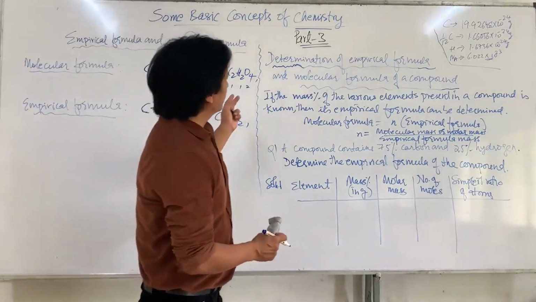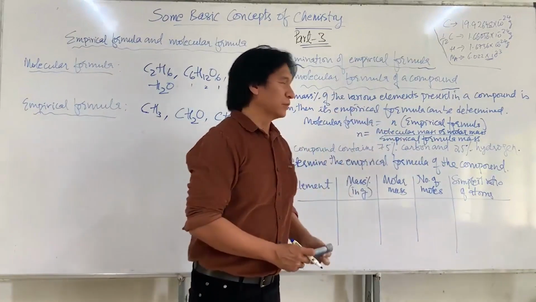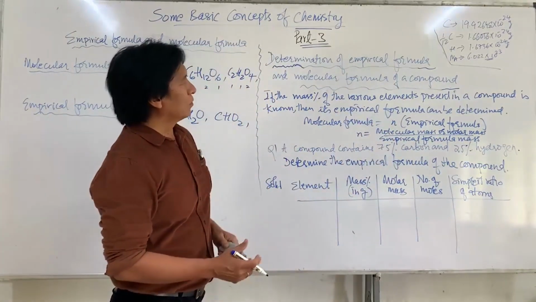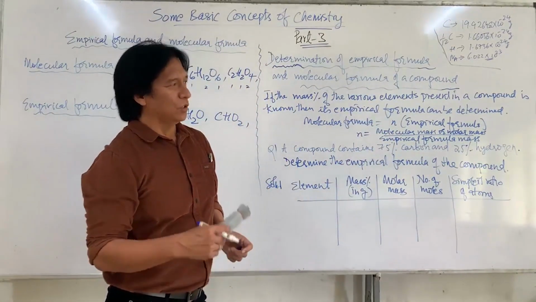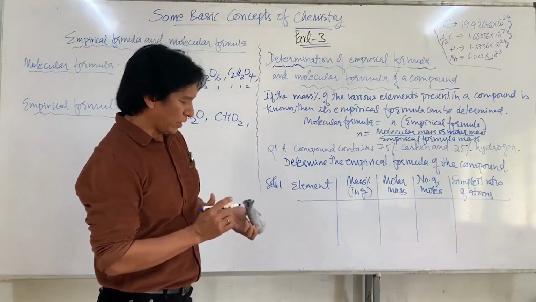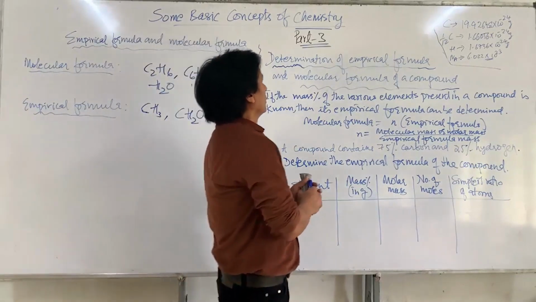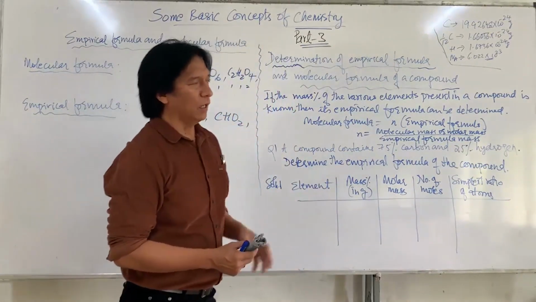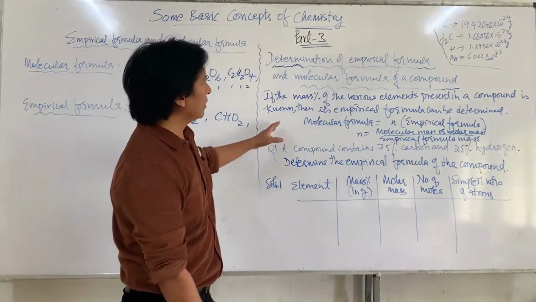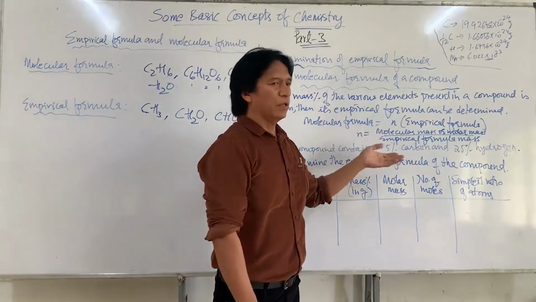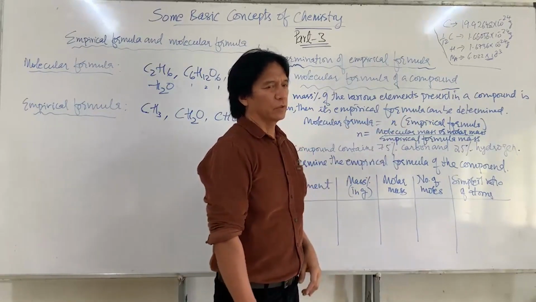Now, the next thing we're going to take up is determination of empirical formula and molecular formula of a compound. So the thing is, when you are given the mass percent of the various elements present in a compound, then you can determine the empirical formula of the compound.